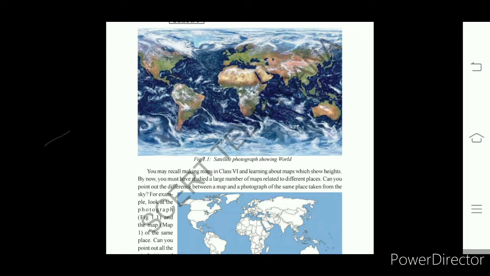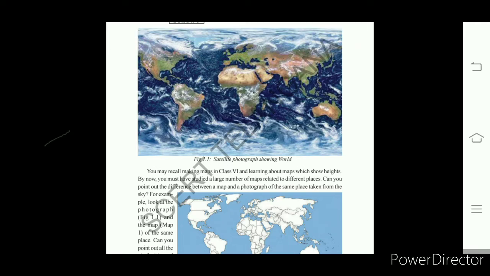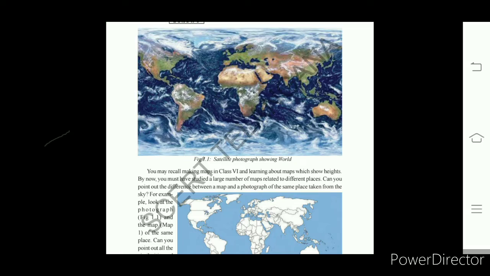A photograph, right, is different from the map. What do you see in the photograph? World, continents and oceans. Can you find out countries in the photograph?